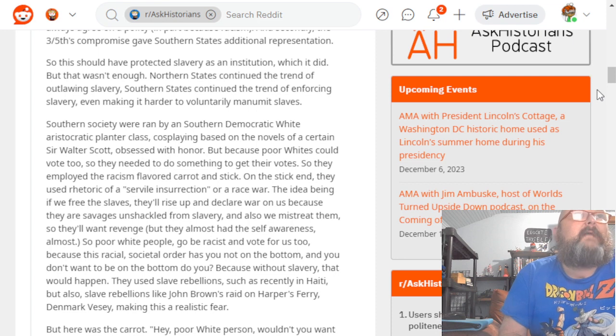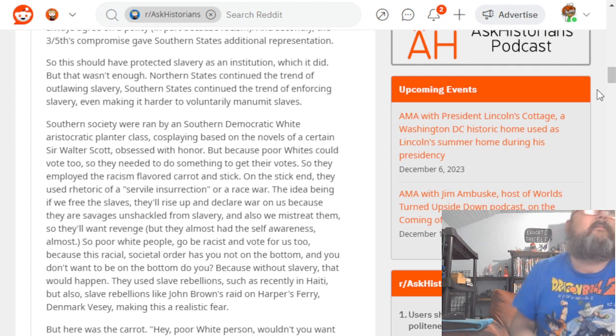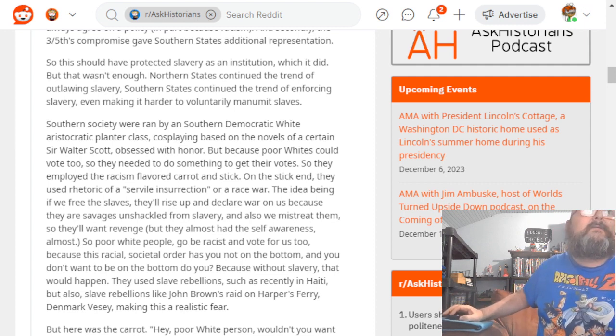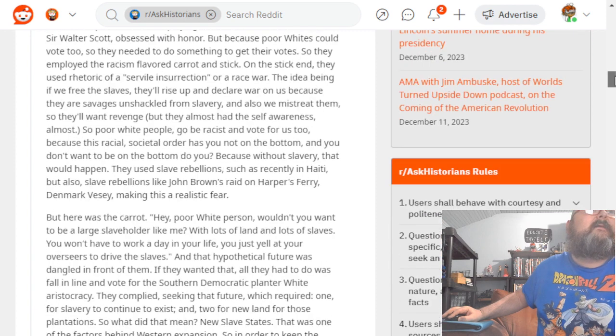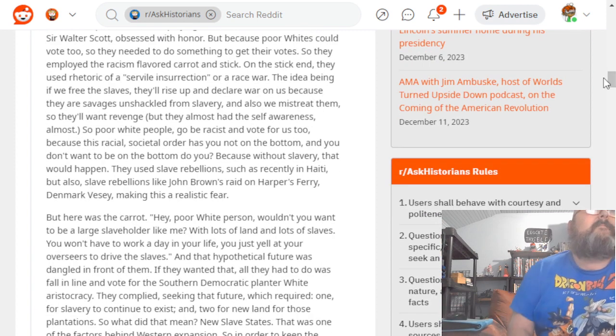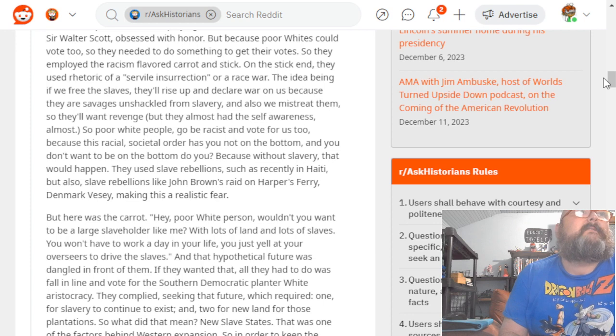So they employed the racism flavored carrot and stick. On the stick end, they used rhetoric of a servile insurrection or a race war. Sounds familiar, don't it? The idea being if we free the slaves, they'll rise up and declare war on us because they are savages, unshackled from slavery, and also we mistreat them, so they'll want revenge.